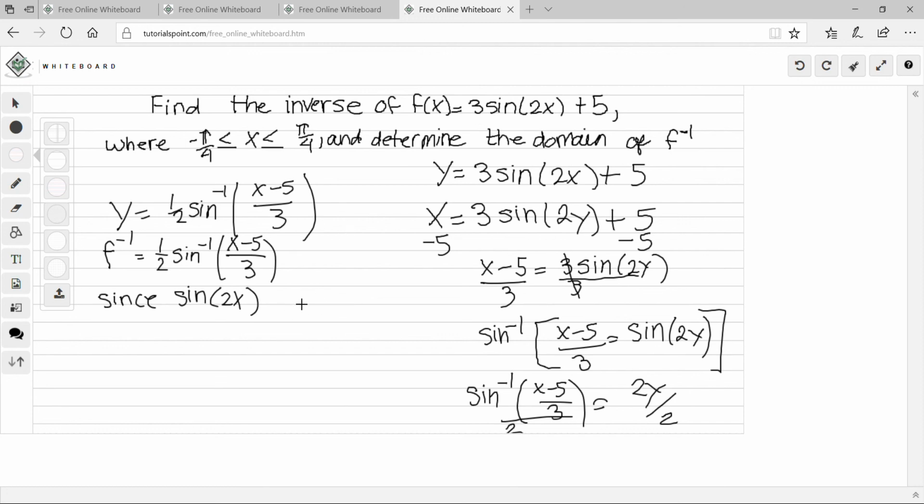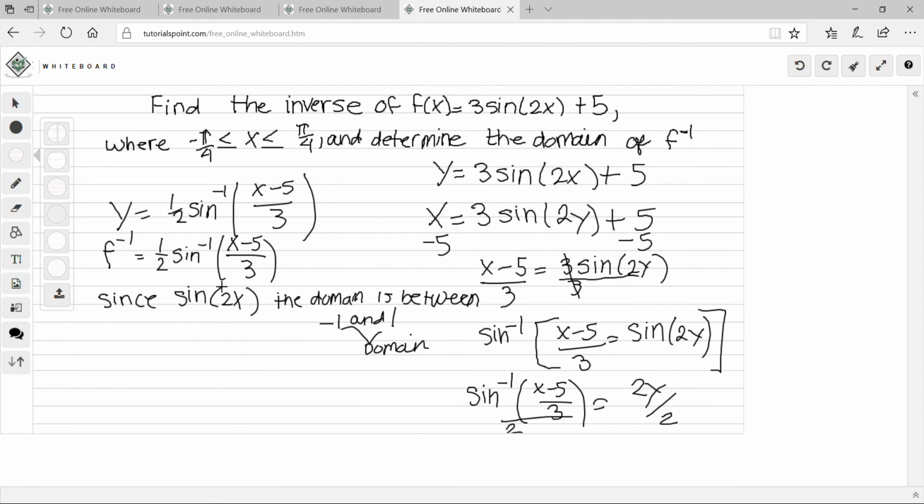The domain is between negative 1 and 1, right? So this is your domain of this graph, of f of x equals 3 sine of 2x plus 5.